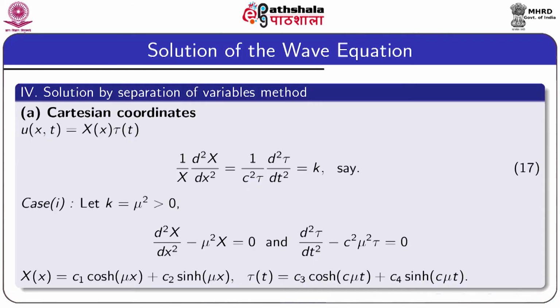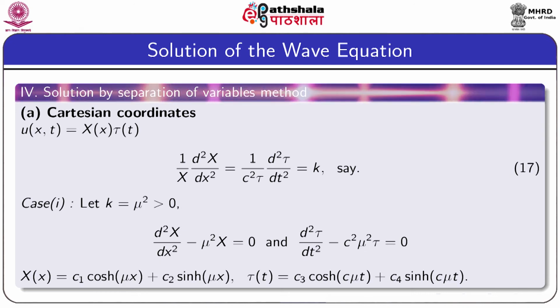We have the one dimensional wave equation and we are trying to find the solution of that equation using the separation of variables method. For that purpose, we write the solution u as a product of two functions capital X and capital tau, where X and tau are functions of small x and small t respectively.